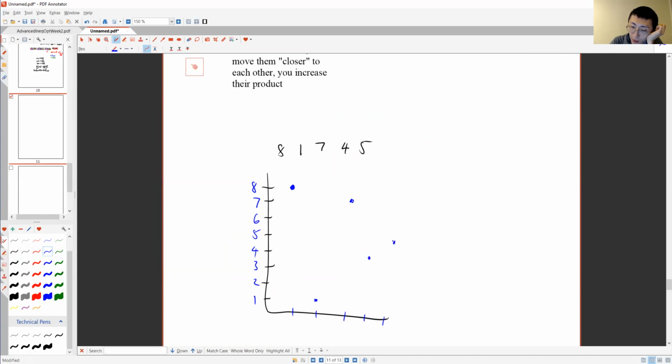And we have a number 5, right? So let's say I take the numbers 8 and 1, right? Their sum is 9, but if I move them closer to each other while keeping their sum the same, then their product increases, right?